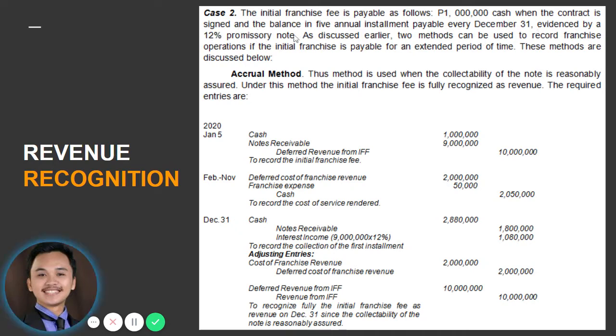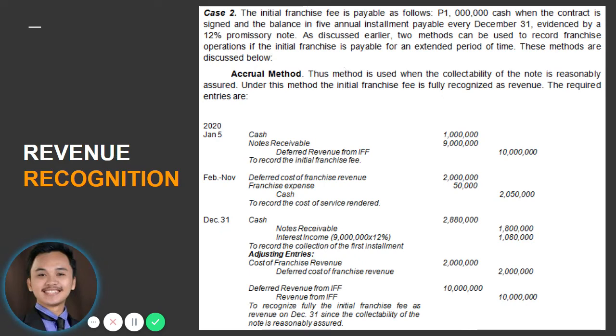Since there is a promissory note, we assume that this is an interest-bearing note. Okay? 12% interest-bearing note. As discussed earlier, guys, two methods can be used to record franchise operations if the initial franchise fee is payable for an extended period of time. These methods are accrual method and installment method.